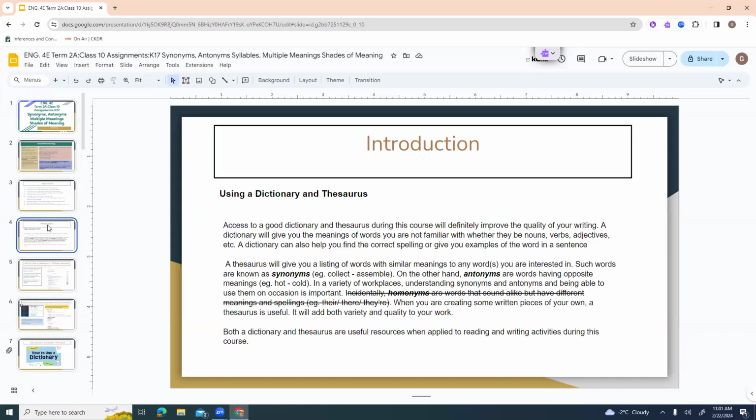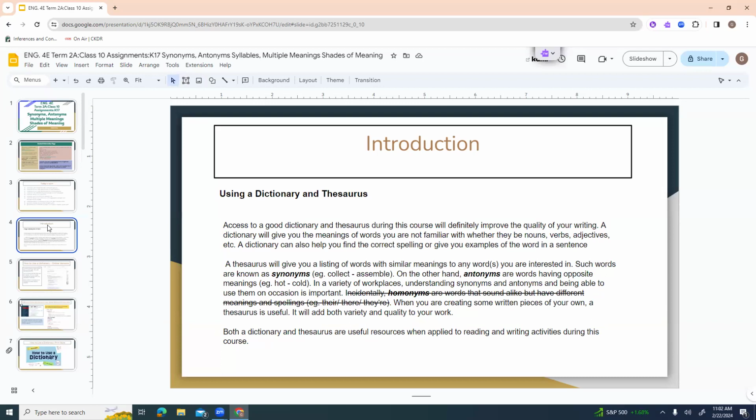Okay, so in Unit 1, here is your introduction to this assignment. It says, access to a good dictionary and thesaurus during this course will definitely improve the quality of your writing. A dictionary will give you the meaning of words you are not familiar with, whether they be nouns, verbs, adjectives, etc. A dictionary can also help you find the correct spelling or give you examples of the word in a sentence.